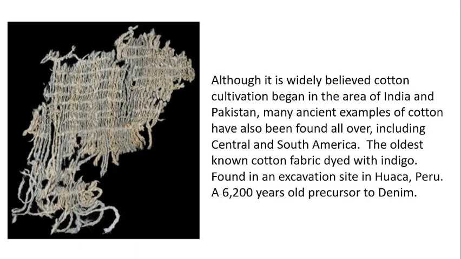Well, denim is one of our more popular cotton fabrics, and it's dyed with indigo. Indigo being a blue dye from a plant. So that blue associated with denim is an indigo dye. So this is cotton dyed with indigo. It doesn't have that twill weave that we associate with denim, but again, it's a precursor, so pretty close still, and pretty old as well.